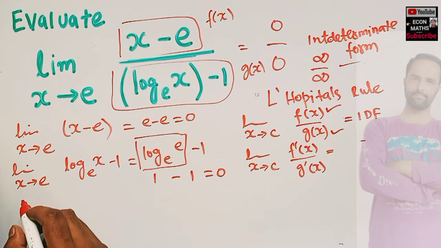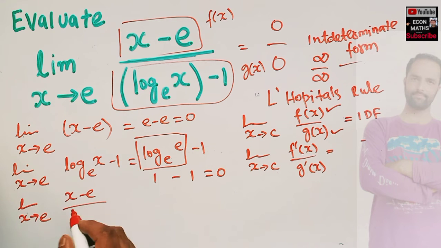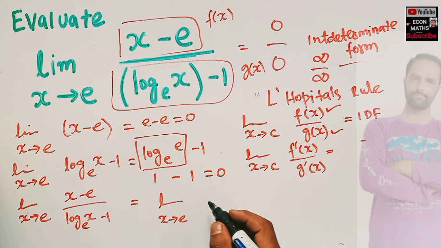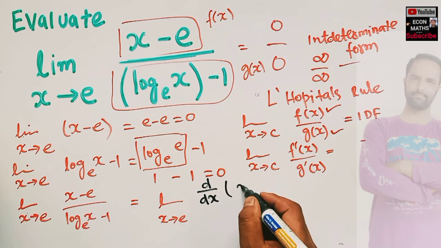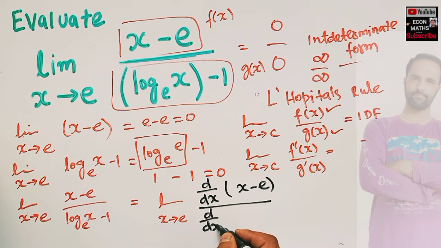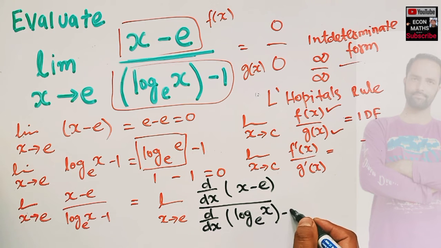That means we write the limit as x tends to e of x minus e upon log of x with base e minus 1 is equal to the limit as x tends to e of d upon dx of x minus e, divided by d upon dx of log of x with base e minus 1.